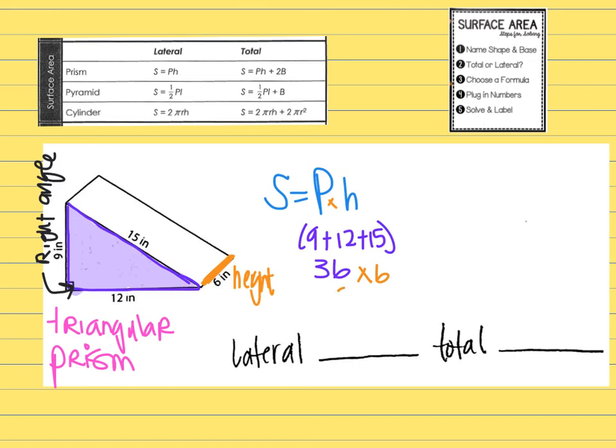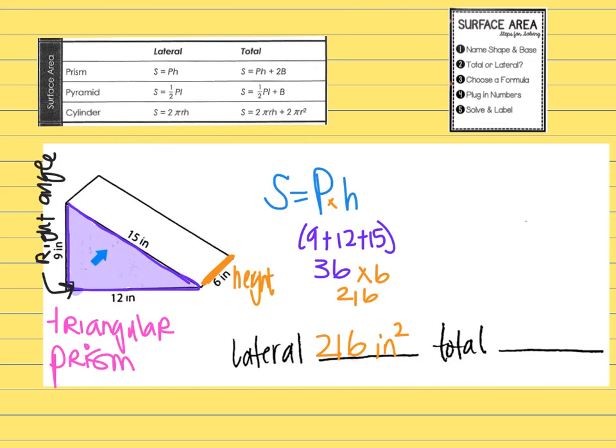And that will be 216. So my lateral surface area is 216 square inches. Again, what I did was I added up the base, the sides that go around it, all into one number, and then I multiplied it times the height of 6 so that I could get these little rectangles that go around the sides.